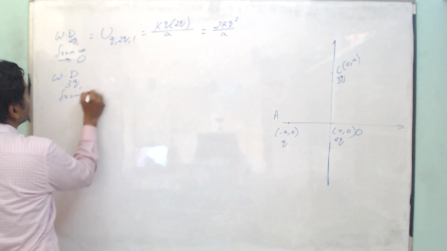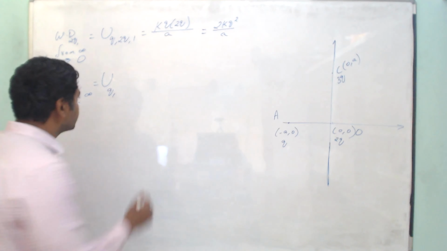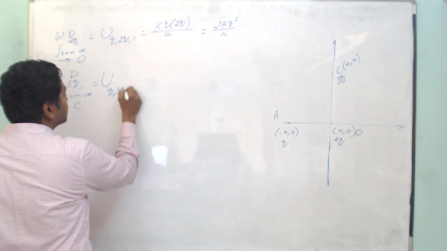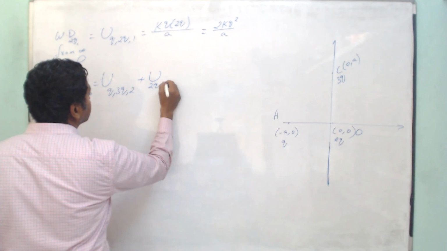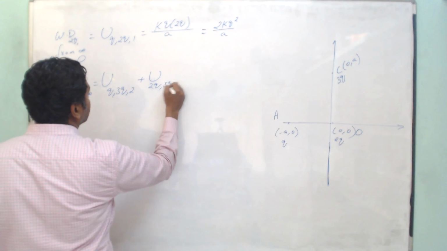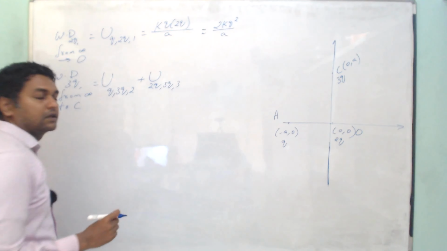It will be due to A and due to O. So the electrostatic potential energy between Q and 3Q, I'll call this U2. And also the electrostatic potential energy between 2Q and 3Q. Let me call this U3.